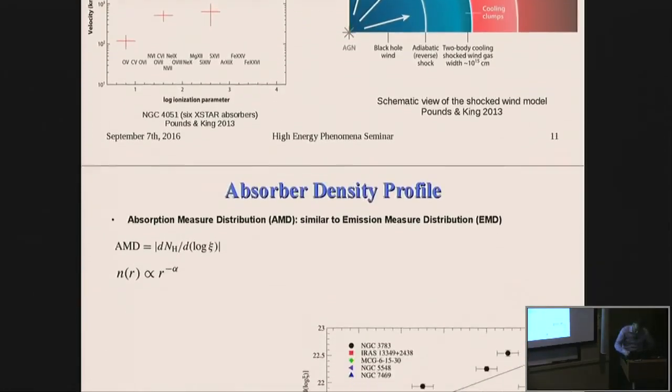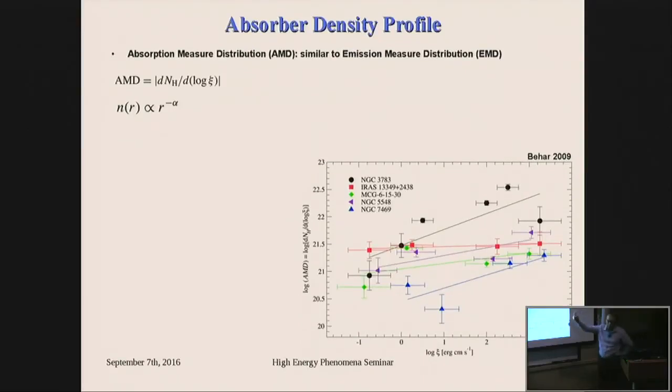You are talking about this density profile. Yeah, this is the number density, but the column density is the density which is in units of centimeter to the -2. But this number density has units of centimeter to the -3, and from this AMD we can plot and find what is the distribution of this number density.